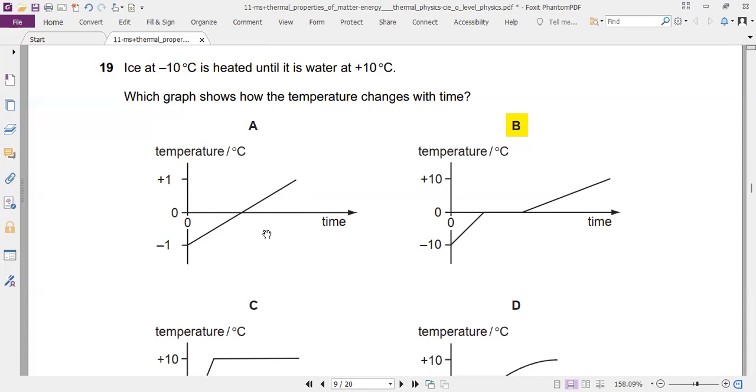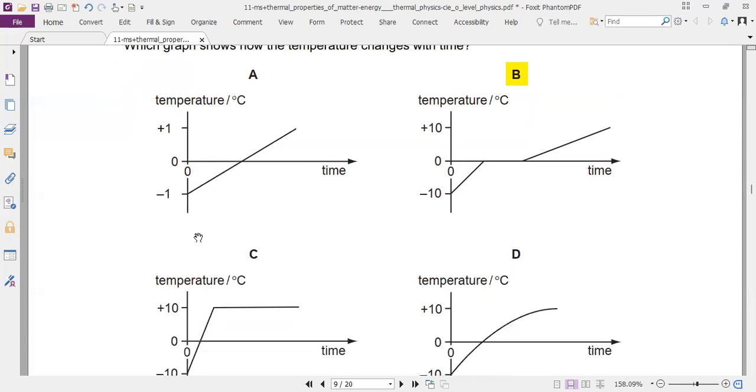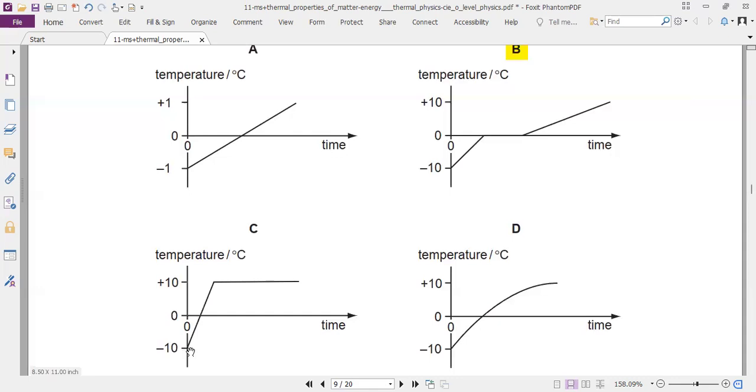Heated from -10 to 10. Heated from -1 to 1, not possible. Heated from -10 to 10, but at 10 it starts to change into water, and this is a curve that is not heating curve. So the heating curve here is the right choice.